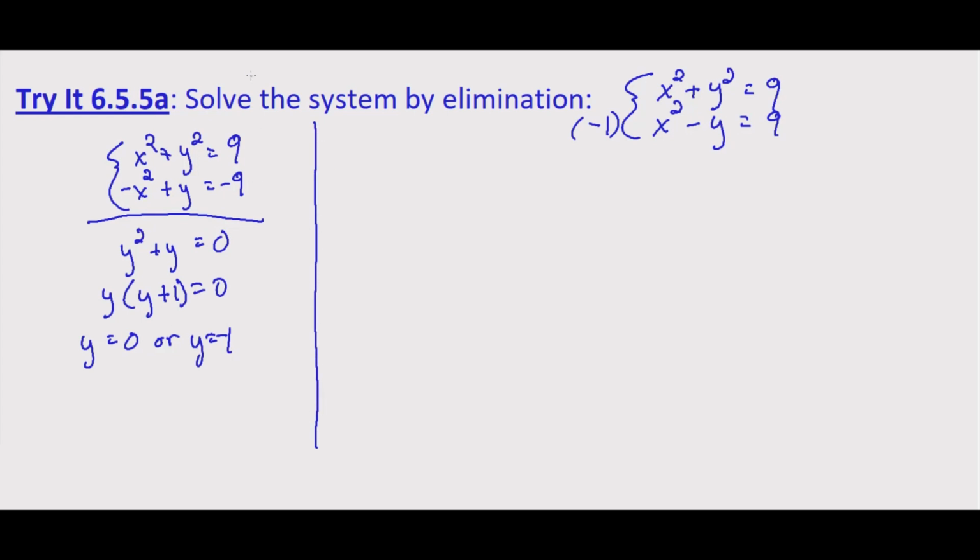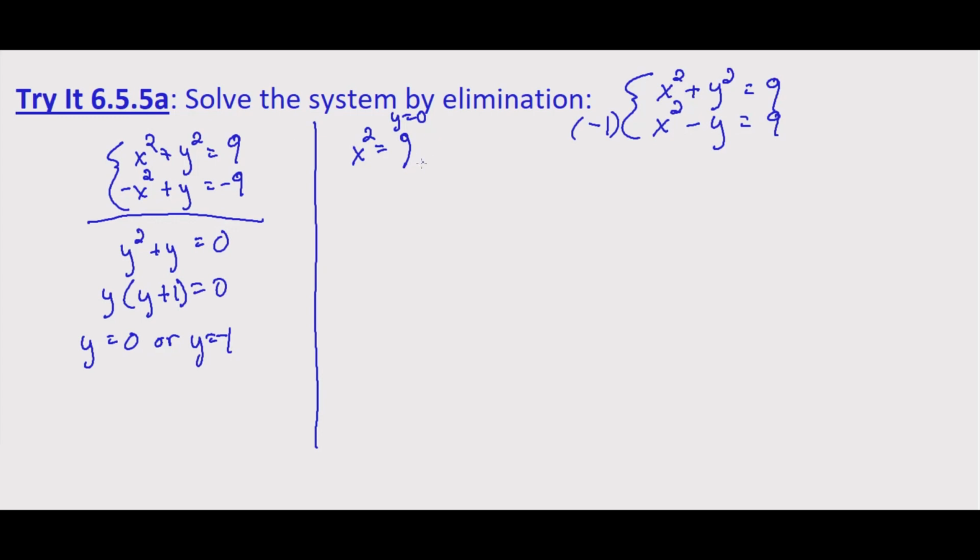With y equals 0, we can substitute that into either equation at this point. We'll substitute into the first equation: x squared plus 0 squared equals 9. So x squared equals 9. And again, this is when y equals 0. If we put it into the second equation, we get negative x squared equals -9, which also means x squared equals 9.